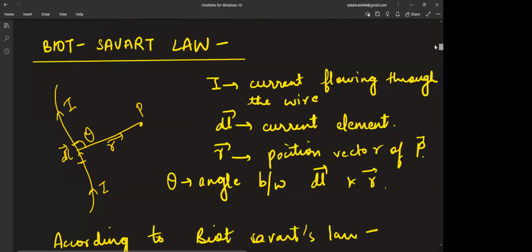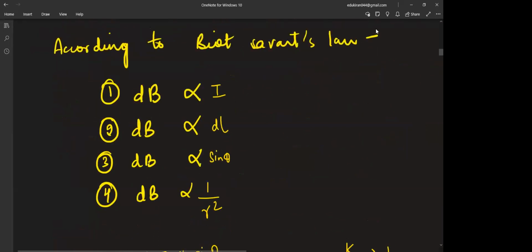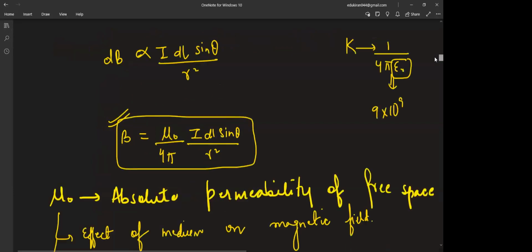From here. From according to Biot-Savart's law from down. This one. This one. Ma'am, done. Down. This also you have to write?